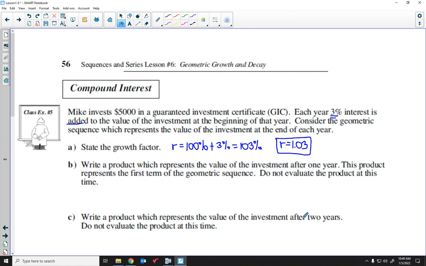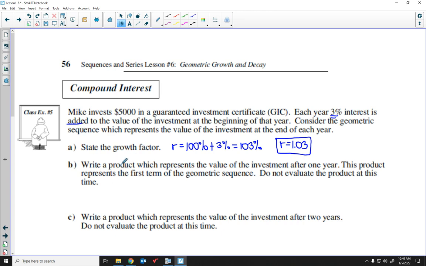B, write a product which represents the value of the investment after 1 year. This product represents the first term in the sequence. Do not evaluate this product at this time. Okay, so we're going to do that correction right away.